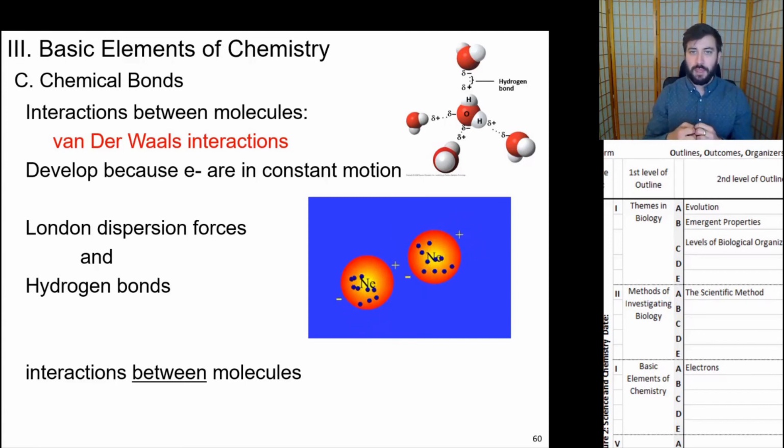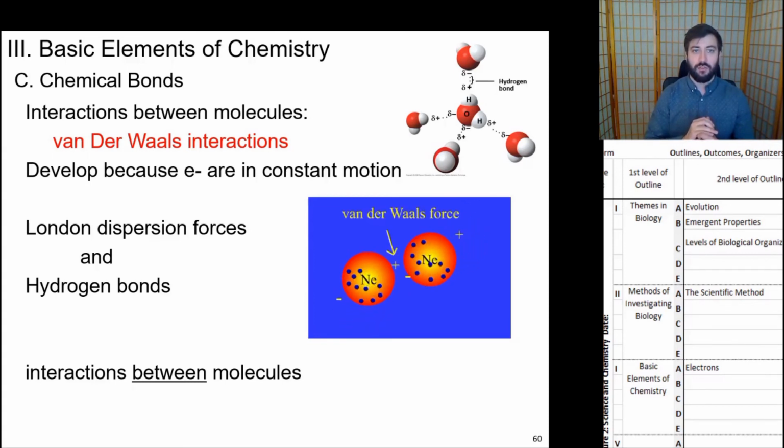So by themselves, not so strong. Lots of them, quite strong. Typically not as strong as a covalent bond or probably even an ionic bond. Certainly a single van der Waals interaction or hydrogen bond is not as strong as either of those.